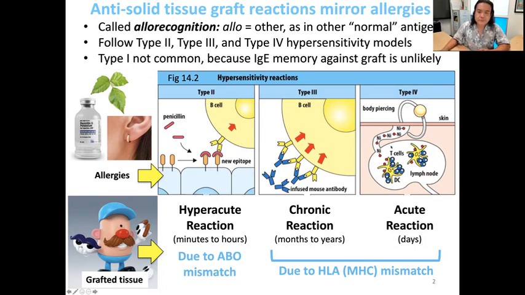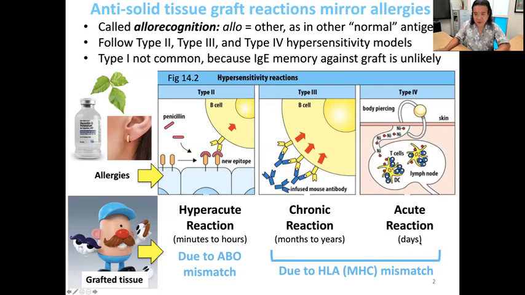We said that in addition to ABO matching, when you're talking about solid tissue transplantations, you're going to deal with type 3 and type 4 hypersensitivities. These have to do with situations where there might be a relatively quick rejection of the solid tissue that's transplanted.